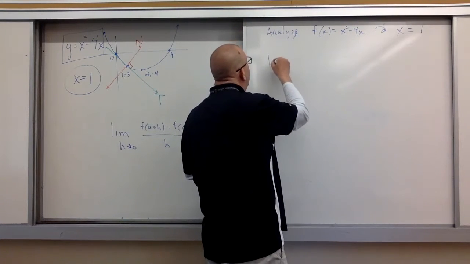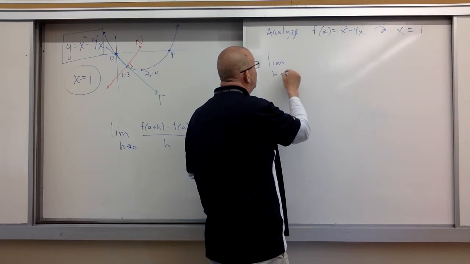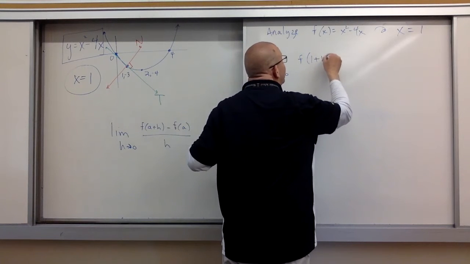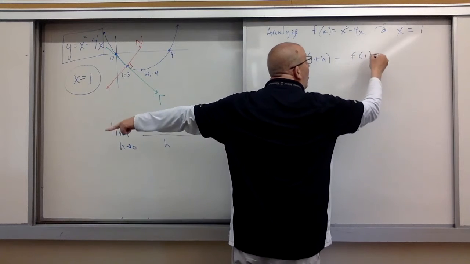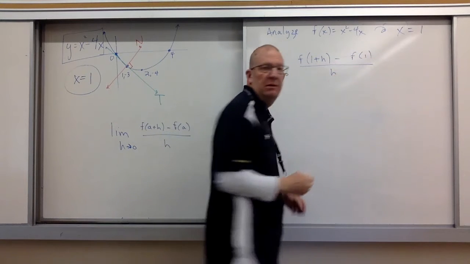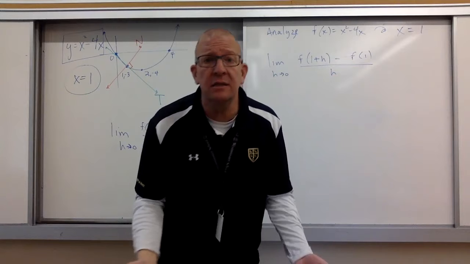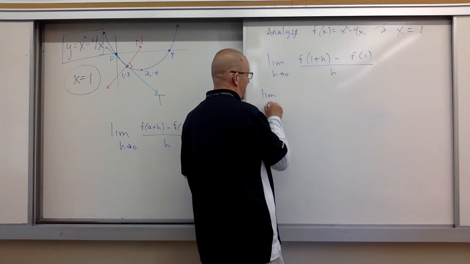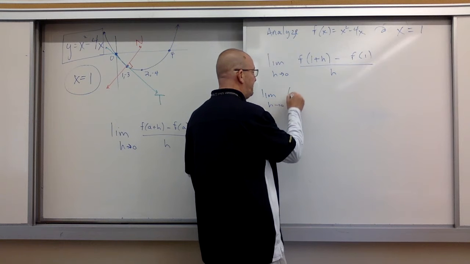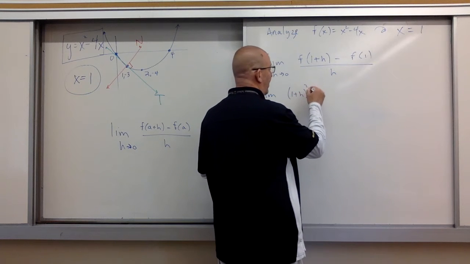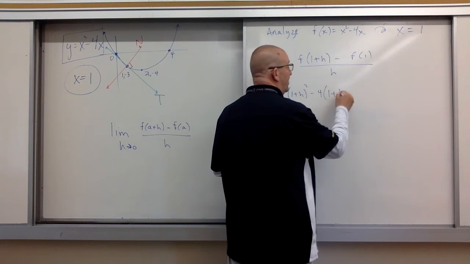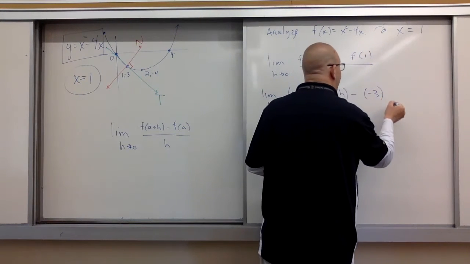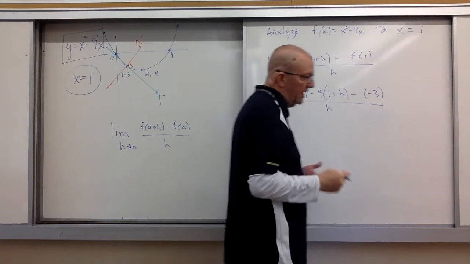The limit as h approaches 0 of f of 1 plus h minus f of 1 all over h. Oh, we can do this. Come on. The limit as h approaches 0, 1 plus h squared minus 4 times 1 plus h minus 1 squared minus 4 times 1 all over h.